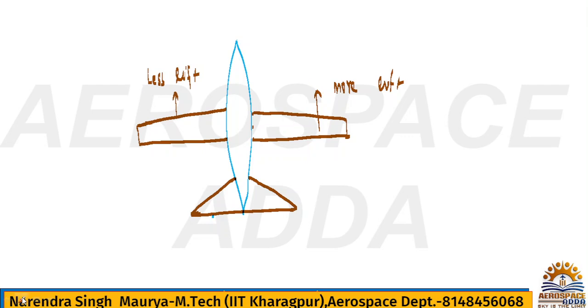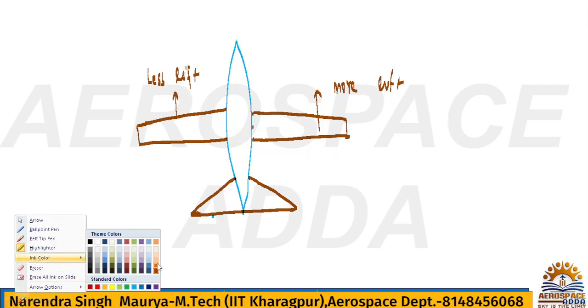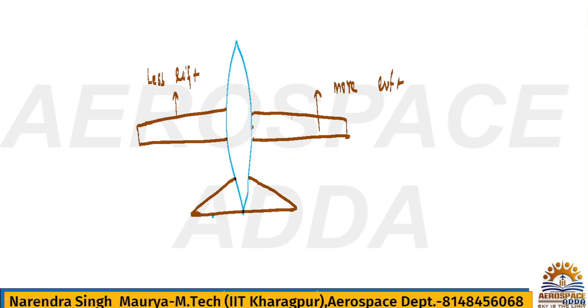This plane will try to rotate in this direction. Yes or no? Yes or no? You can say, haan sir. Here we have more drag and here we have less.